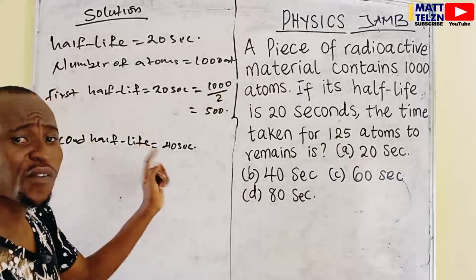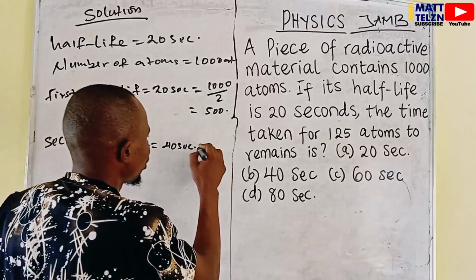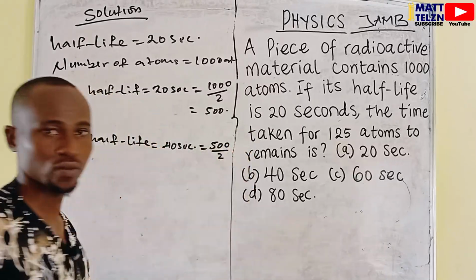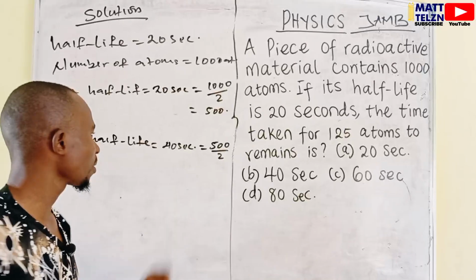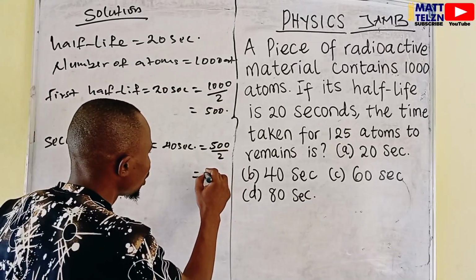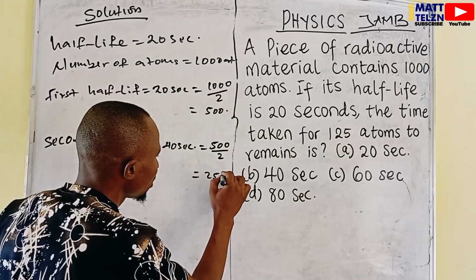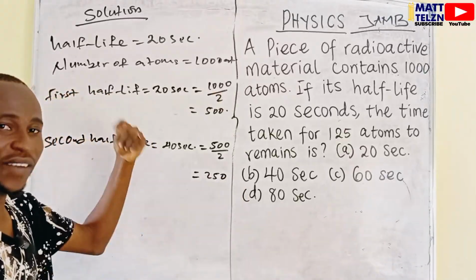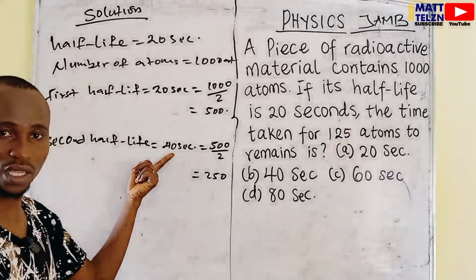After 40 seconds, the number of atoms is going to be 500 divided by 2. Are we all together? So what I'm going to have here is 250 atoms, right?